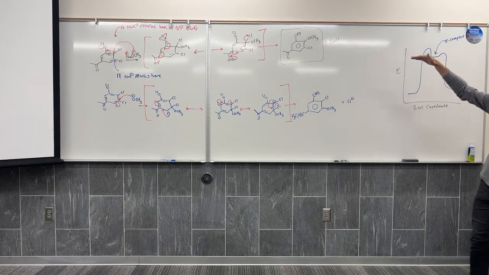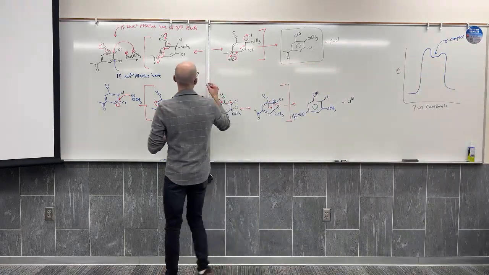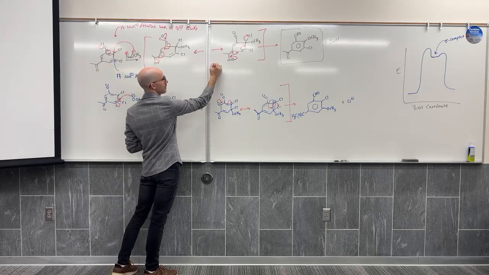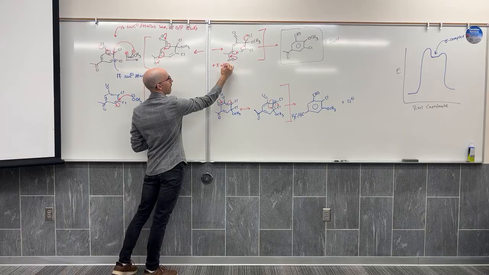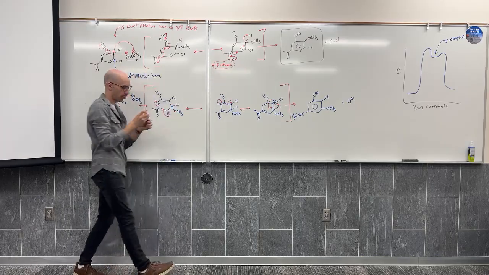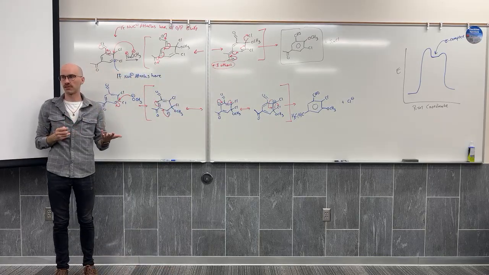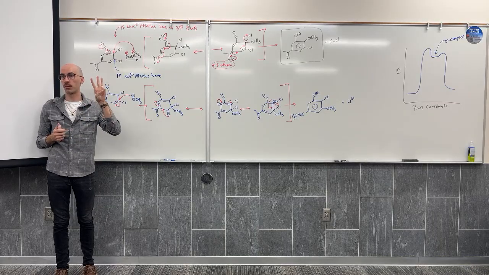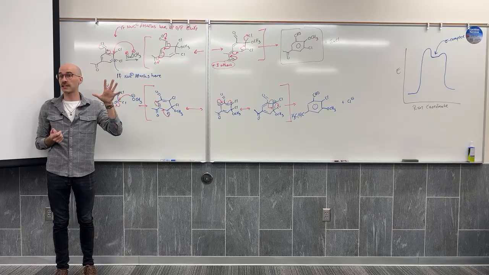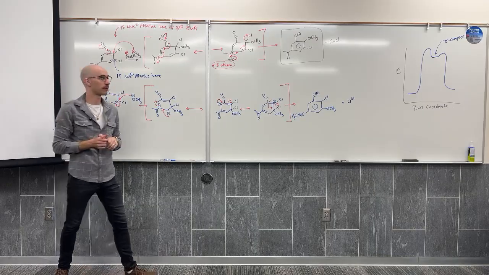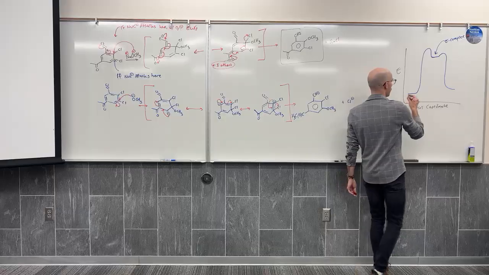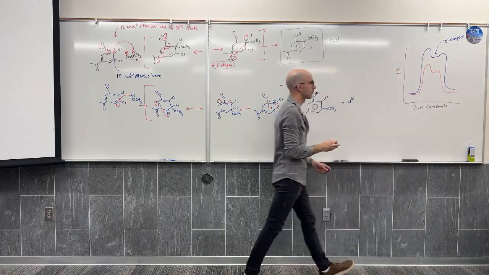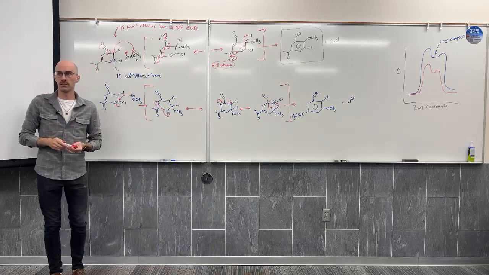But in red, our sigma complex stabilized the negative charge on oxygens and had a total of 5 resonance forms. 3 where carbons held them, which were minor resonance forms, and then these extra 2 where the oxygens held them, which are major resonance forms. And we know that resonance is a stabilizing force. So it takes less energy.